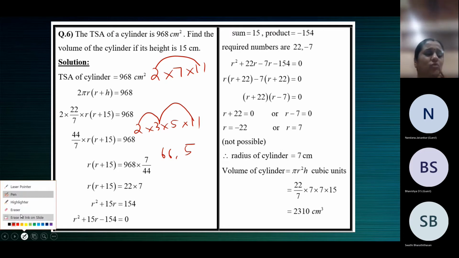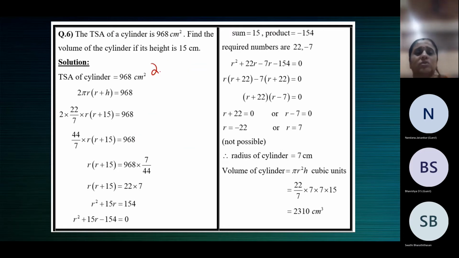Anyways, you should make 2 numbers out of it. So 2 into 7 into 11. Now 2 into 11, 22 and 7, correct? Yes, ma'am. Now, when you add 22 and 7, what will you get? 29, ma'am. When you subtract, what will you get?